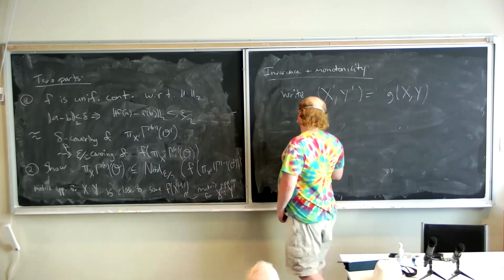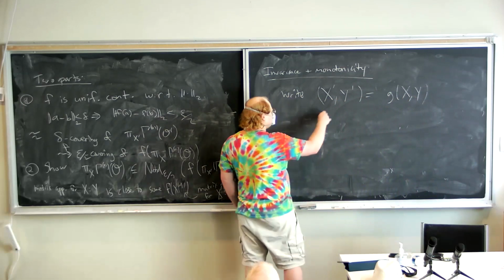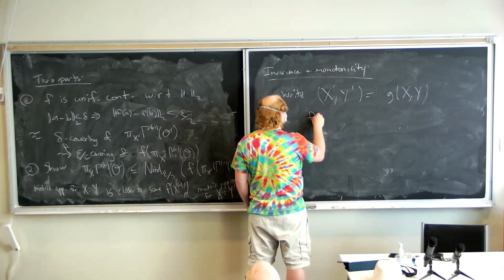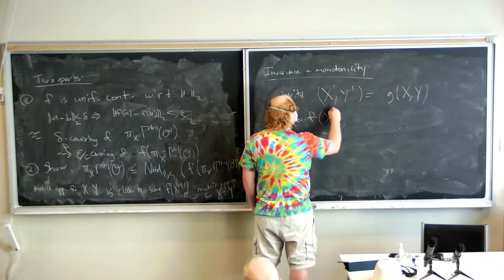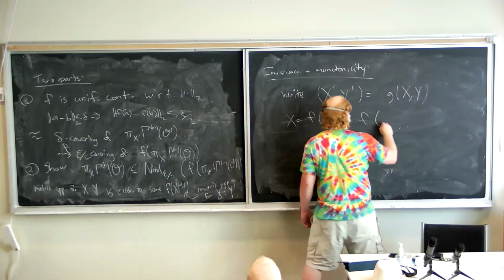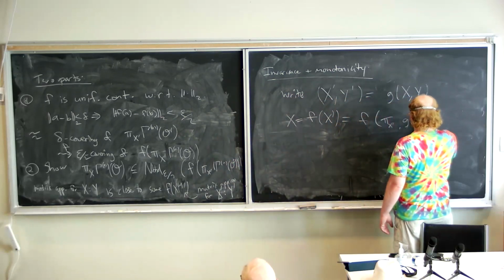So this is true. You can choose this for some g, and so in particular, x would be f of x prime, which would be f of the projection onto the first coordinates of g of x and y.